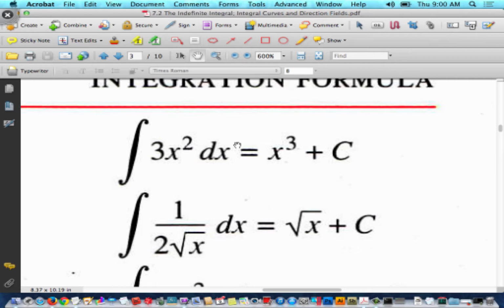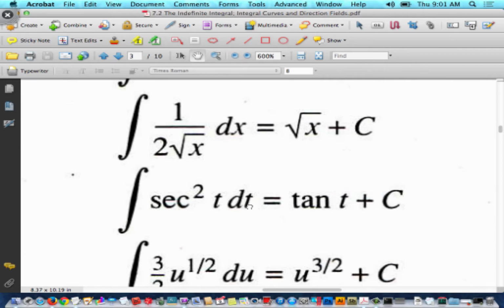But if you ever take Calculus 3 in college, you're going to be dealing with multivariable calculus, and then you need to know which variable you're integrating with respect to. So the dx is there for a purpose, and you need to make sure that you also write dx. So you're not just taking the antiderivative of 3x squared, it needs to be 3x squared dx.